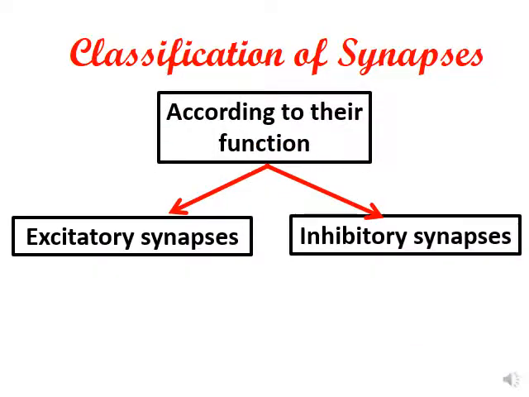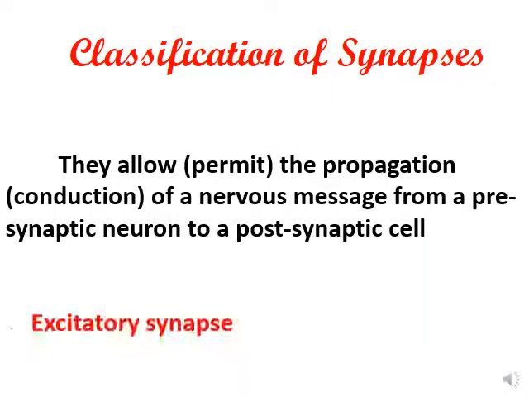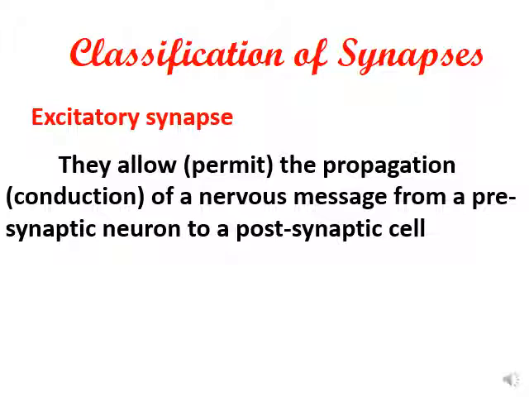According to their function, the synapses are either inhibitory or excitatory. Inhibitory synapses inhibit the message. Excitatory synapses allow or permit the message to propagate. So first, the definition of an excitatory synapse.